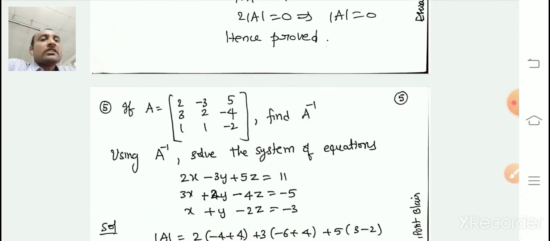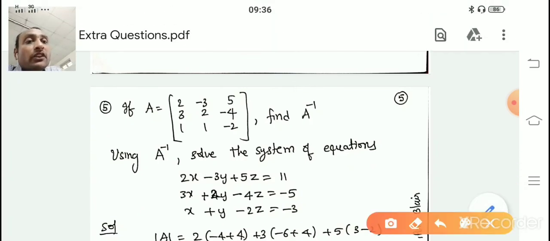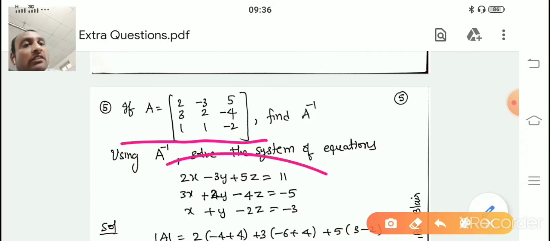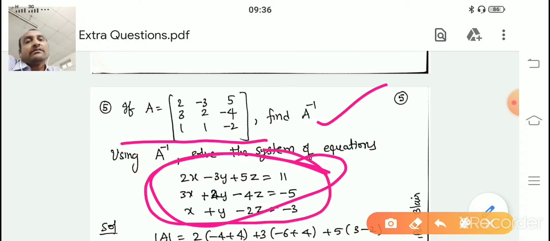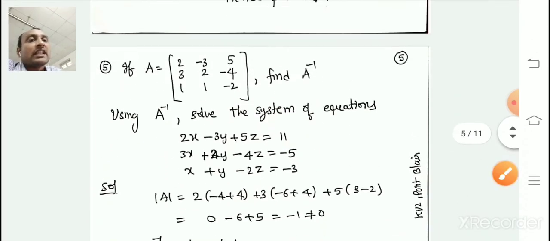If A is equal to this matrix, find A inverse. This is a kind of model where you first find A inverse, then solve the system of equations with the help of this A inverse. Actually, we discussed how to solve these equations, and in that process we find the inverse also. Now, in this question, they are asking you to first find A inverse.